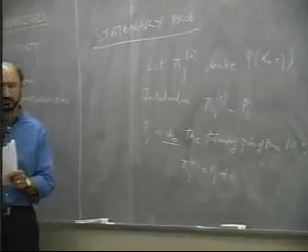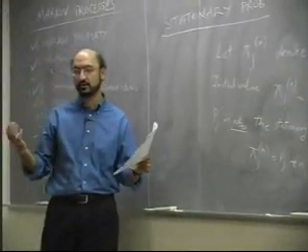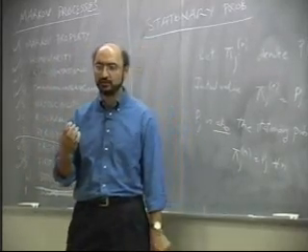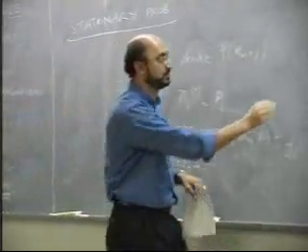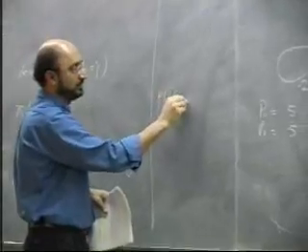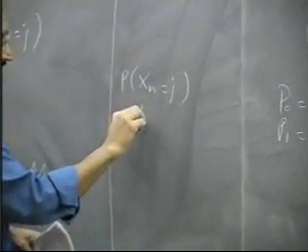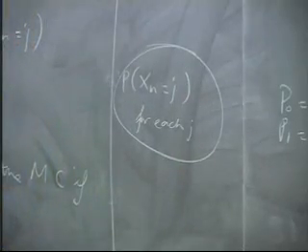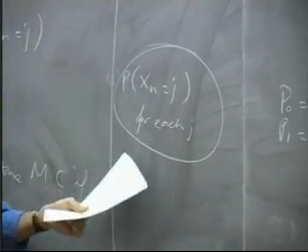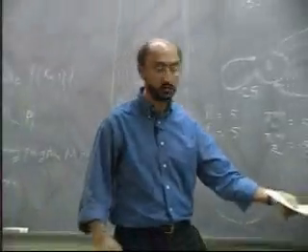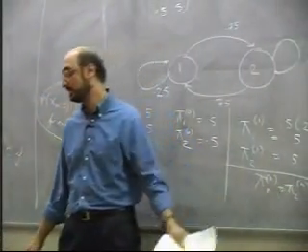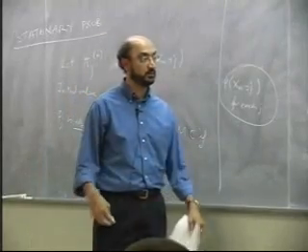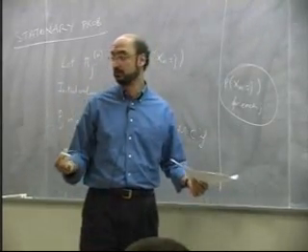If I take a sample of where the chain is, or to be more precise, what's the probability that X_n equals j for each j, I'm saying that this value, which is nothing more than pi_j(n), the limiting value of pi_j(n), is in fact going to be the stationary probability distribution.